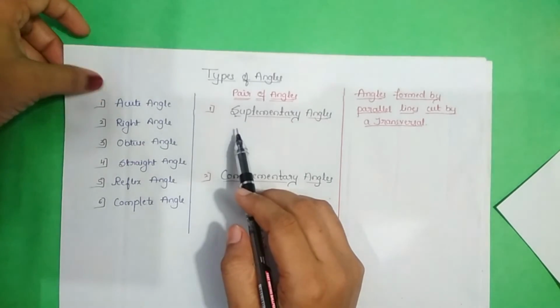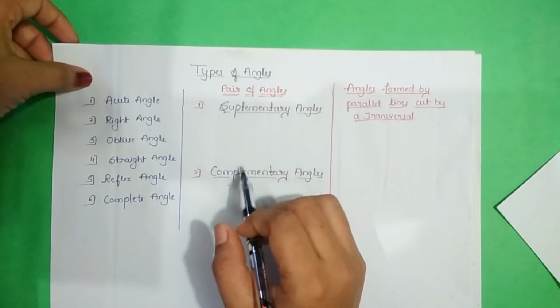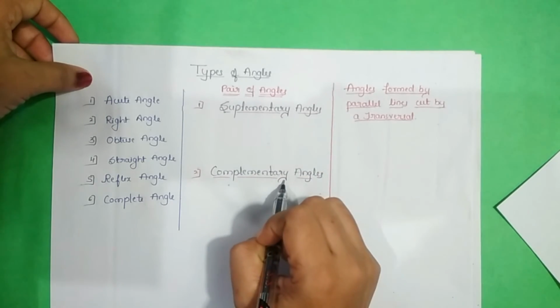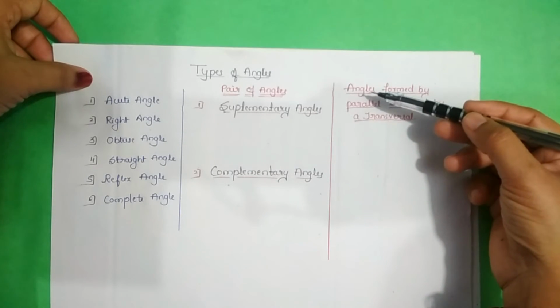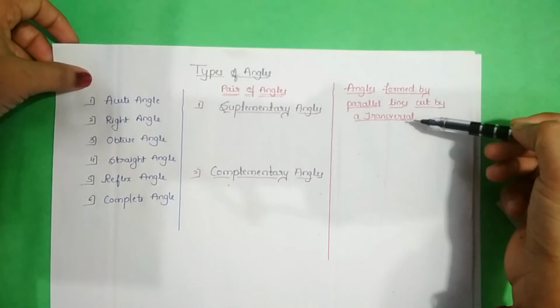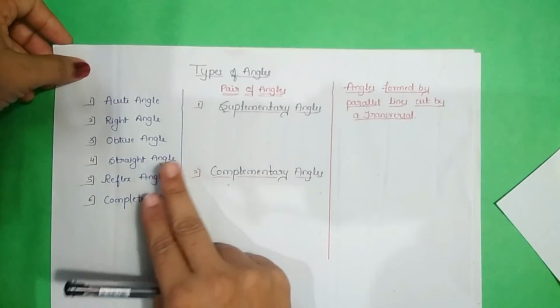And one more category is pair of angles. Under pair of angles, we are going to divide into 2 categories: supplementary angles and complementary angles. Further, we can classify angles formed by parallel lines cut by a transversal. These all things we are going to study in my later videos.